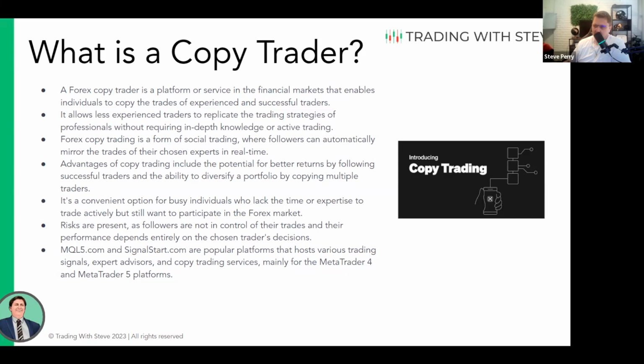So even though they have like 5,000, they don't even do anything. But we're going to look at both today, Signal Start and MQL. I probably prefer Signal Start. It's a little bit more expensive from what I've discovered, but I like the metrics there to find bots and different copy traders that work. So that's where I've gone.